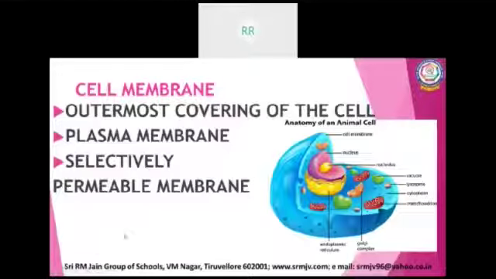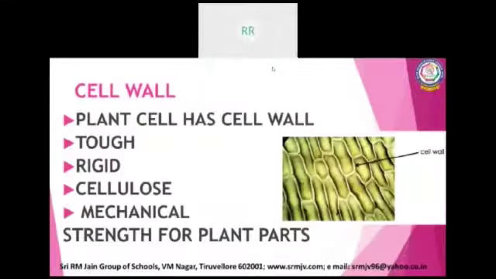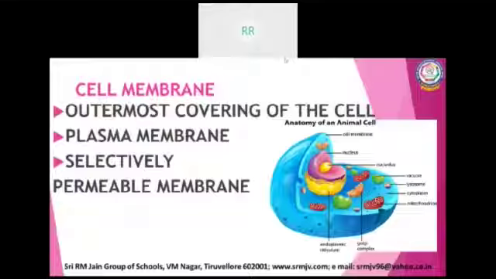Cell membrane. Now we are going to discuss the cell membrane. The cell is surrounded by a cell membrane.